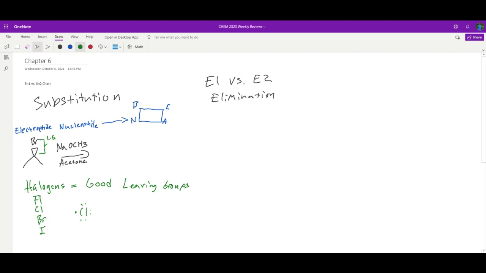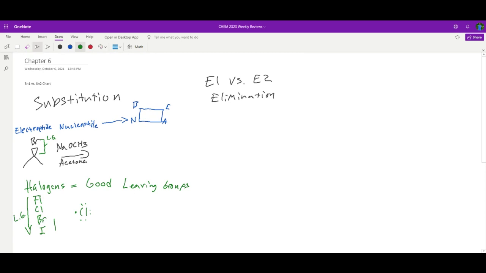Now you might ask, which is the better leaving group, iodine or fluorine? For leaving groups, it's going to be iodine. Iodine is going to be the best leaving group.